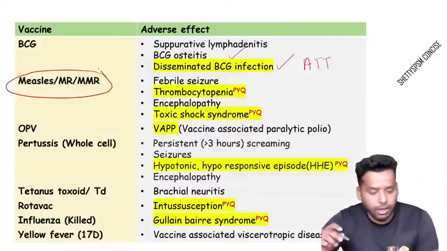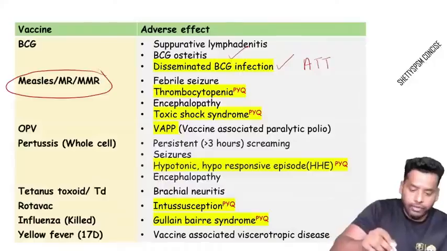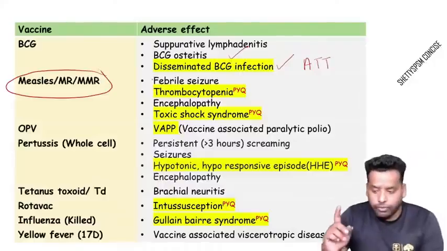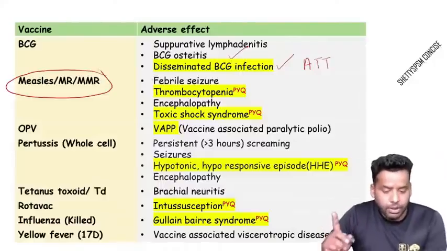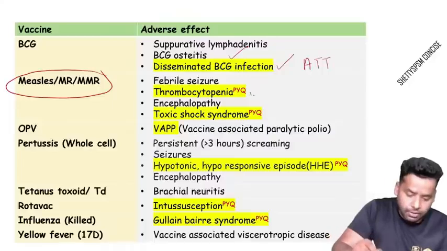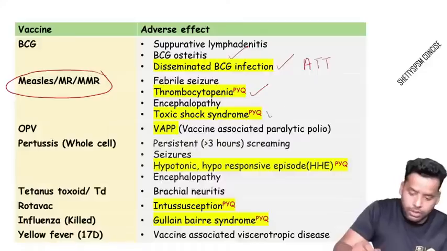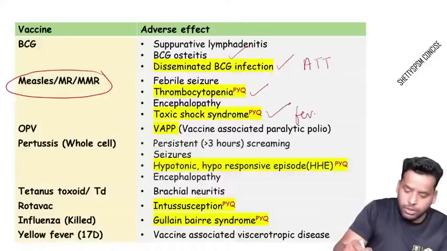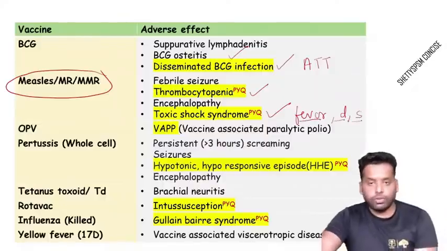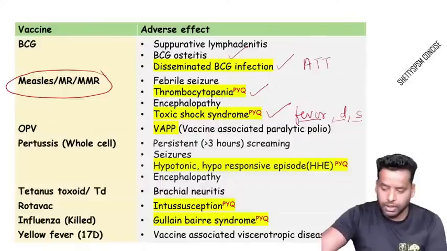Measles, MR or MMR, the side effects are very, very important. Febrile seizures, thrombocytopenia, they will ask this question, encephalopathy, and toxic shock syndrome. How will toxic shock syndrome present?